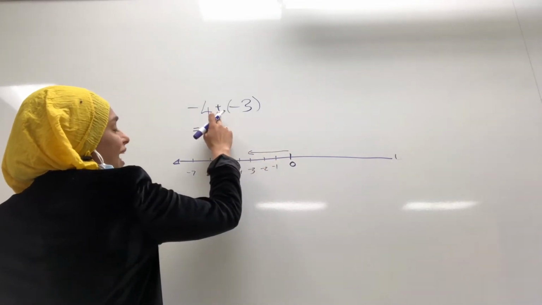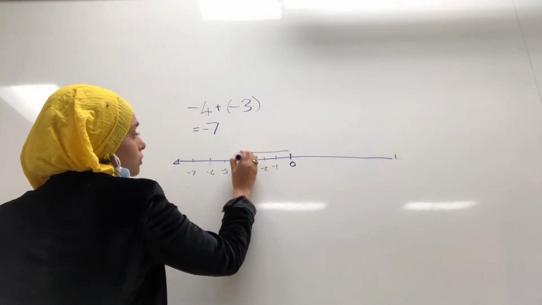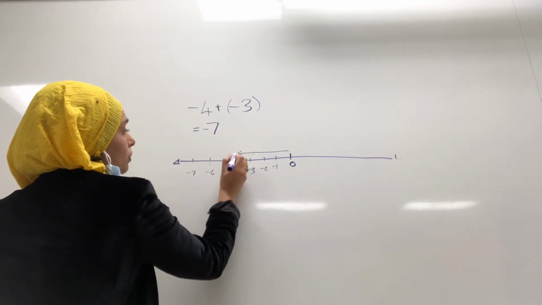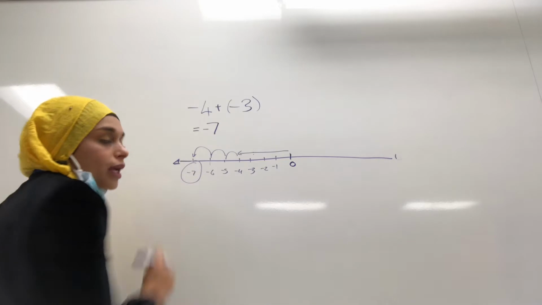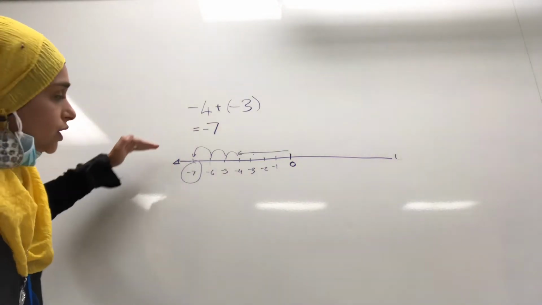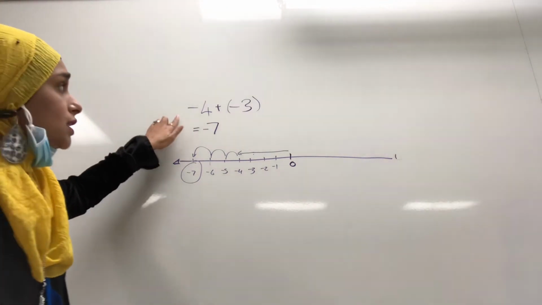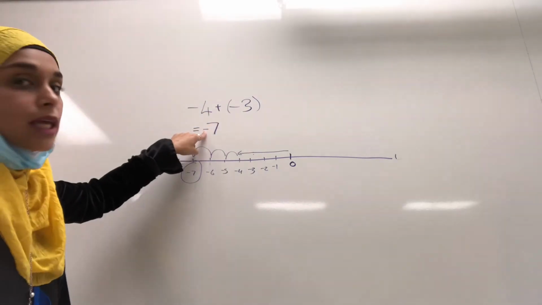In this case, I'm adding. I was at -4, that's my first integer, and then I'm adding a -3, so I'm adding 1, 2, 3, and I end up at -7. So now this is with the number line, and again the rule is when the signs are the same, find the sum, keep the same sign.